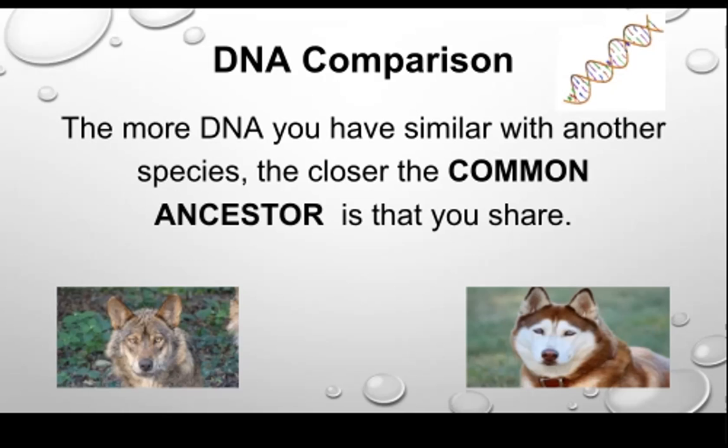I'm not trying to say that once upon a time you were a banana. What I'm trying to say is that we are related to bananas, believe it or not. If we go far enough back in history, there's going to be a common ancestor, a far distant relative that we share with the banana.